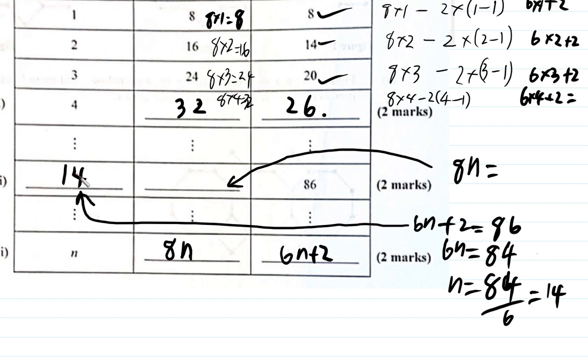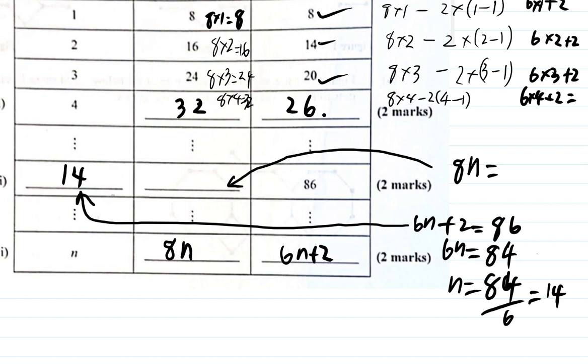Now what is going to come here? That's the next thing. For this part, 8n is the formula that applies. Same column. So 8n, the number will come here. What is 8n?